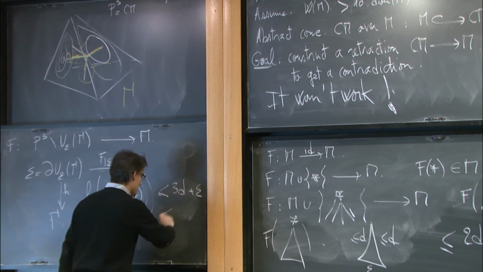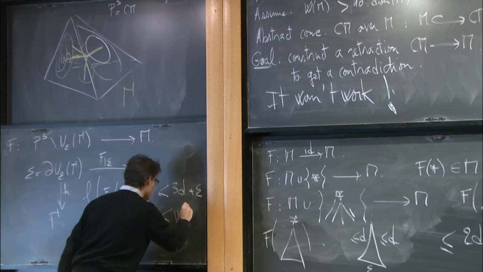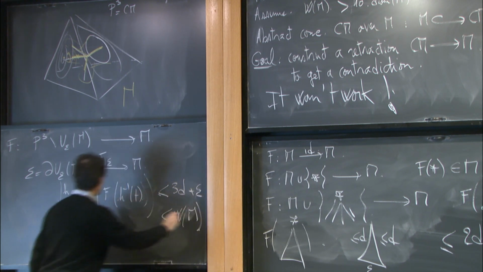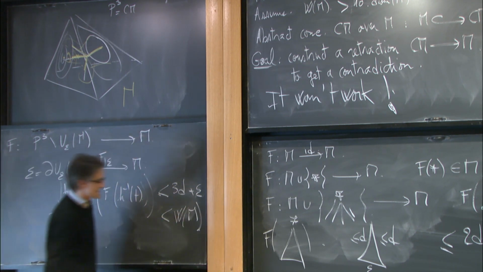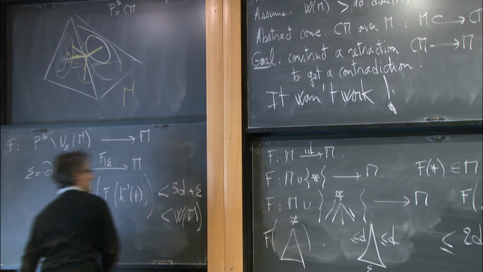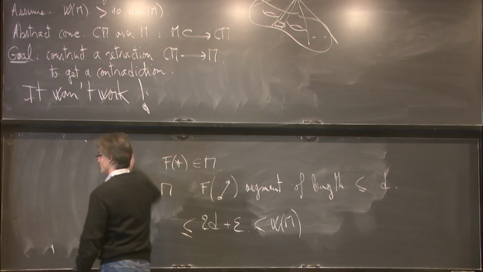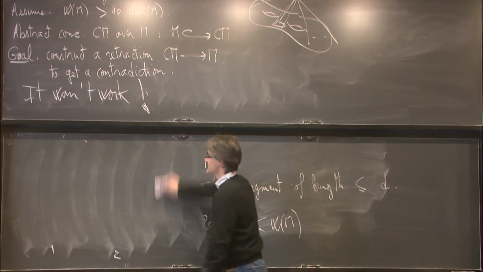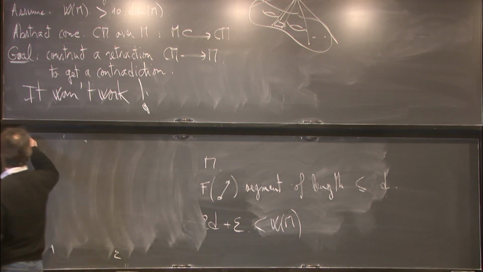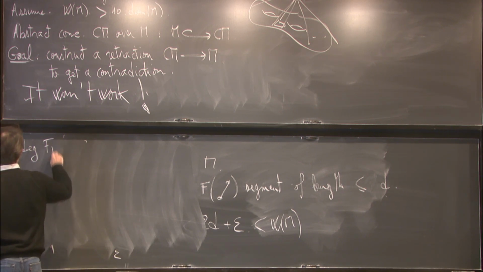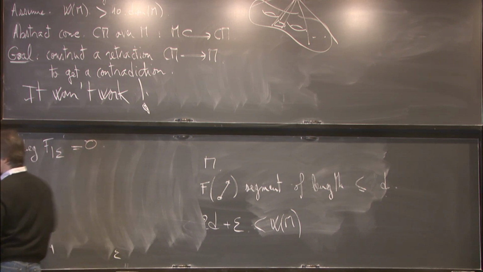And so that's strictly less than the width. Which means that, and I'll stop there, if it's strictly smaller than the width, that means that this map is of degree 0.